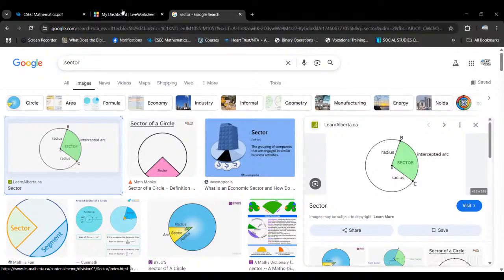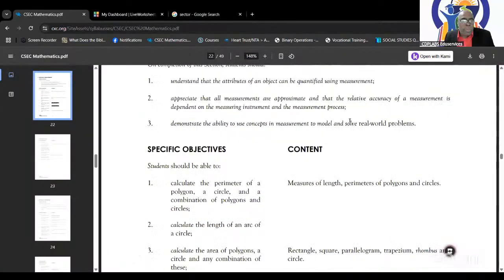So we'll come back to the syllabus now. You see where they ask you to calculate the length of an arc of a circle. So you see, this is how the things combine. Even that perimeter we're looking at, that one question could require you to find the arc length.